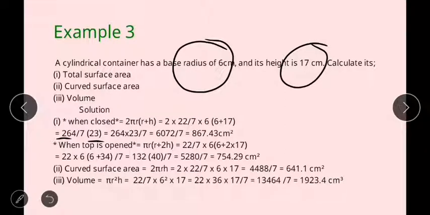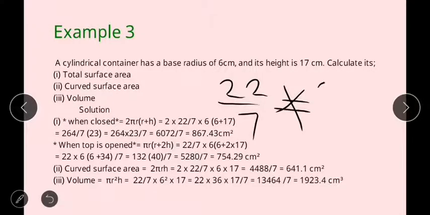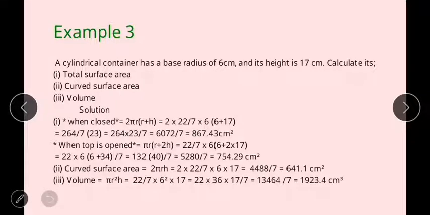I need to warn you at this age, do not write your over like this in your notes. Please write your over sign correctly as 22/7. If you do that wrongly, you might be confused.